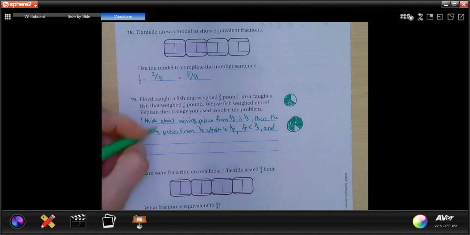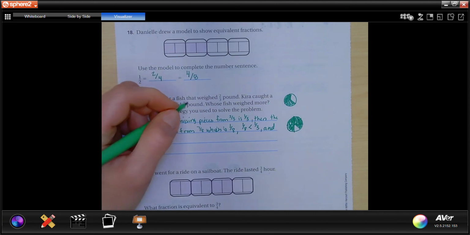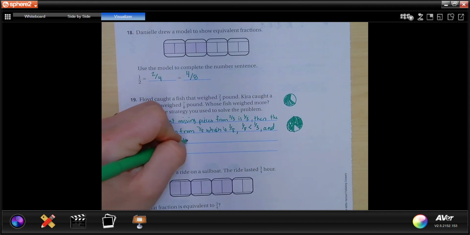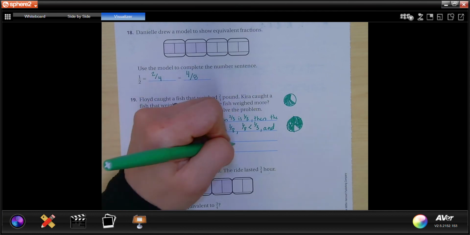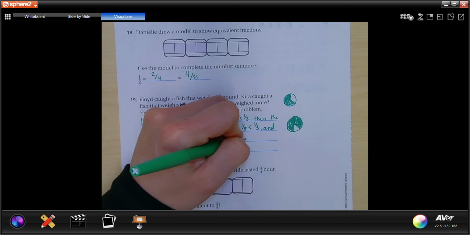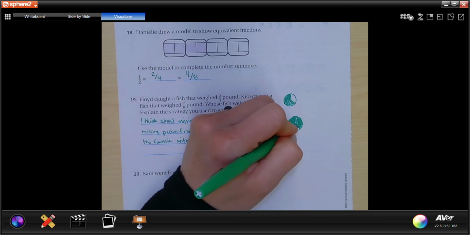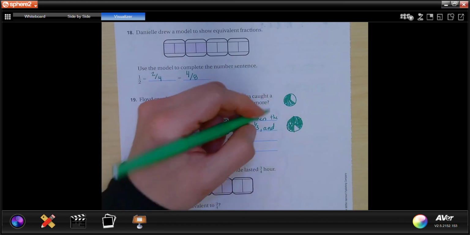And the fraction with the smallest missing piece is, so this fraction is larger because the missing piece is smaller.